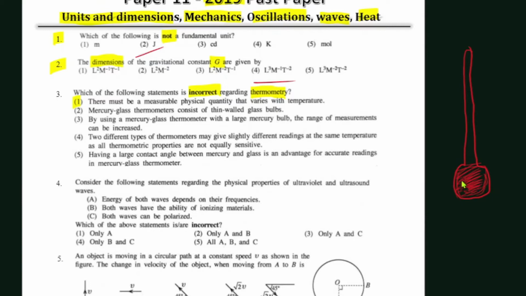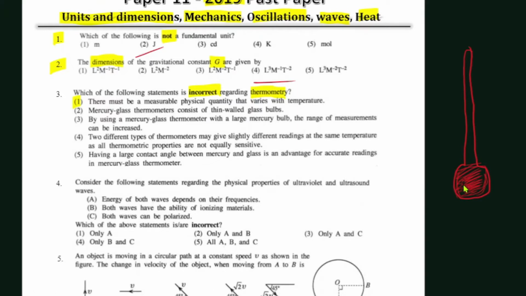If this substance doesn't vary with temperature, then what are we going to measure? So definitely that is true, because whatever thermometric substance we use inside thermometers, it should vary with temperature. That is why we call it a thermometric property.